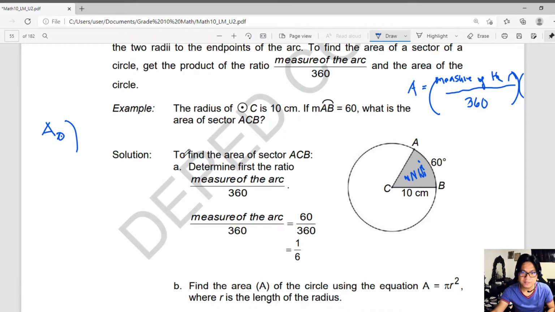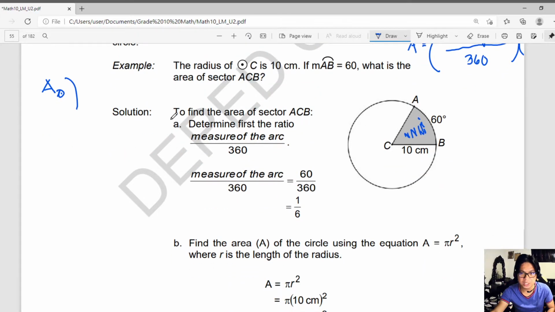Okay, let's have the solution here. Yung dalawang solution, two steps ng solution dito sa book. So to find the area of sector ACB, hinahanap natin yung area nito. Determine first the ratio measure of the arc.